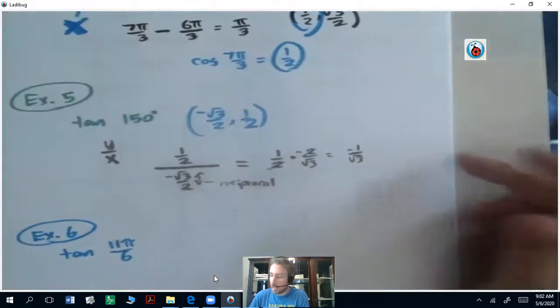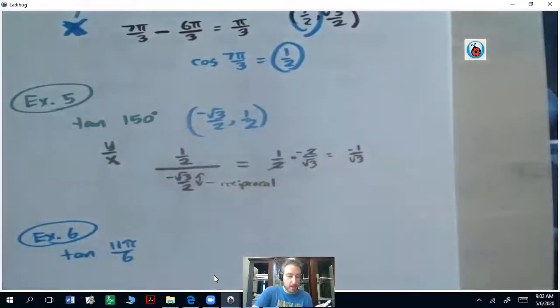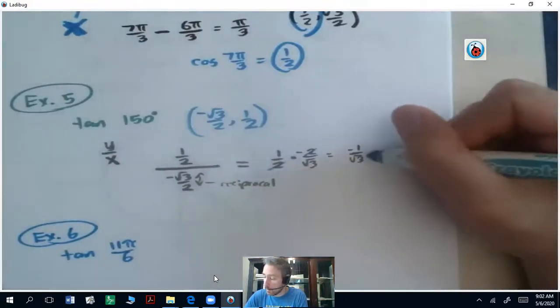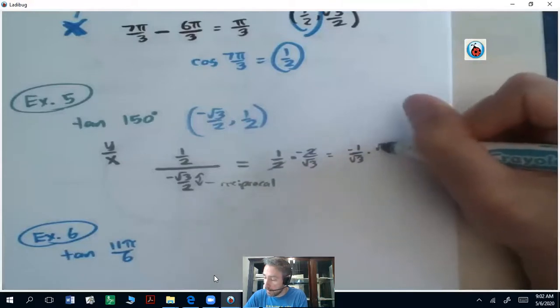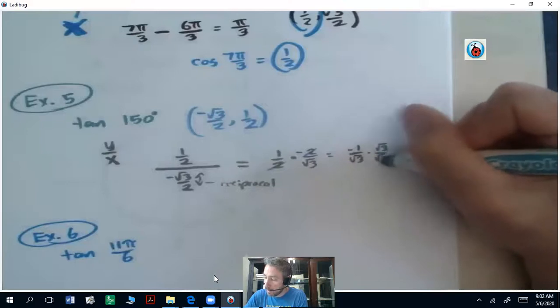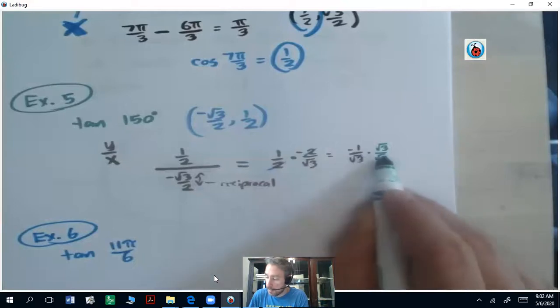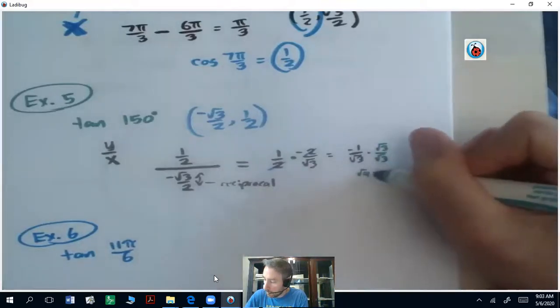Some math teachers would like you to rationalize the denominator. Since you have a square root on the denominator, our goal is to get rid of all the radical symbols on the denominator. You do that by multiplying that fraction by the same square root that's on the denominator. It's going to cancel the square roots out, because the square root of 3 times the square root of 3 is the square root of 9, which is equal to 3.